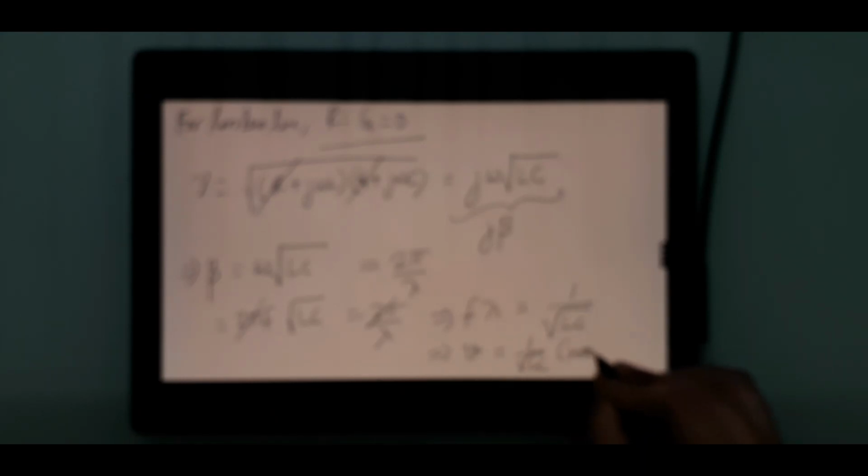Frequency times lambda is nothing but the wave velocity. So you can easily find out the velocity of the wave inside the transmission line if you know the per unit length inductance and per unit length capacitance. This is a very important relation.